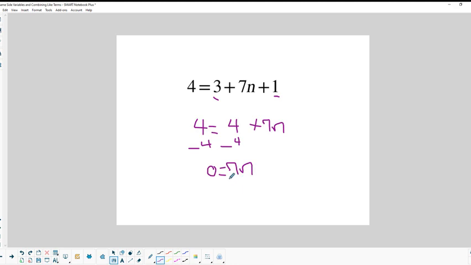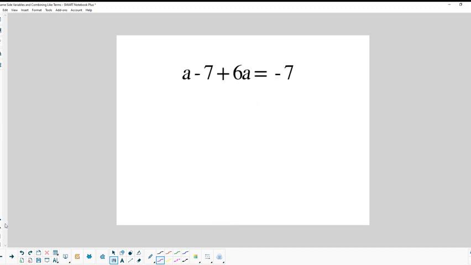And it's not too hard to see that if I divide both sides by 7, I just get 0. And so in this case, n equals 0. So we're just using this idea of combining like terms that we learned recently to help us solve equations.